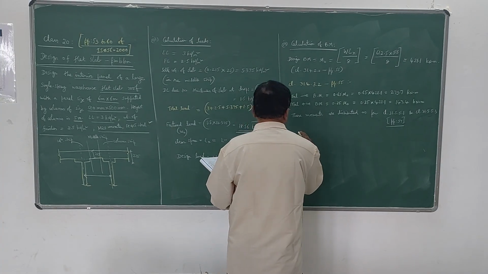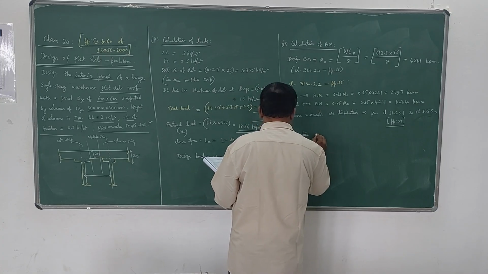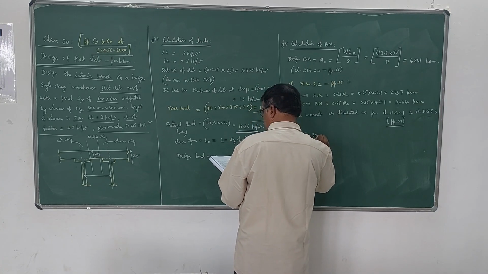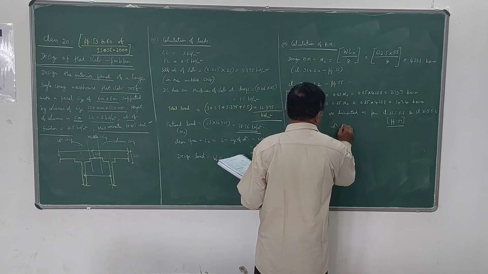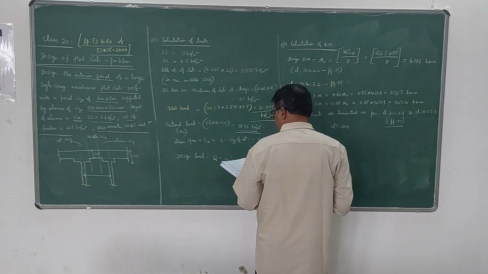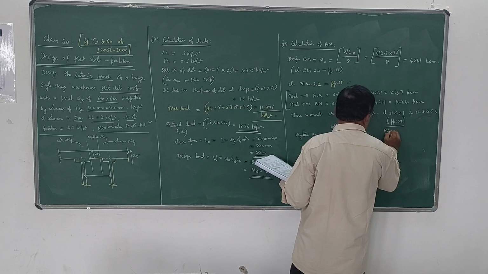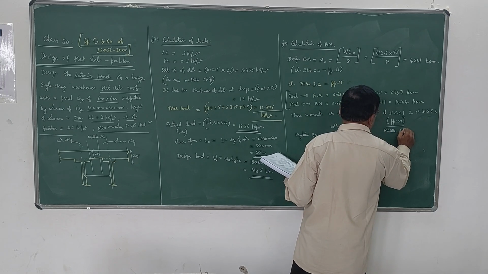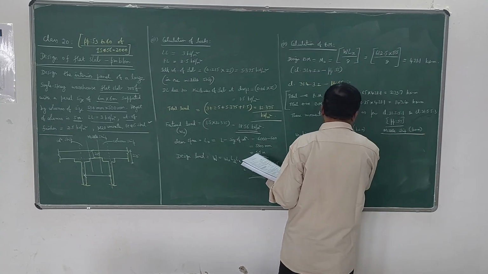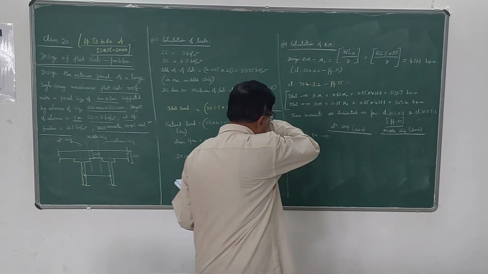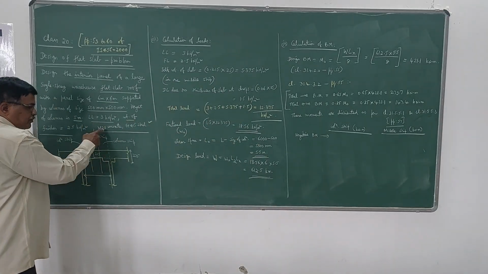I will write it like this: the negative bending moment is taken in the column strip in kilonewton meter and the middle strip in kilonewton meter. Actually, the moment in the column strip will be more than in the middle strip, because the load acts on the column.